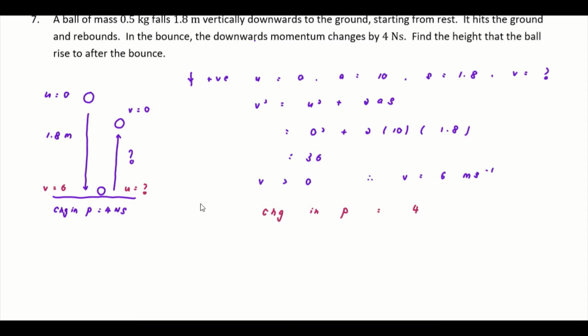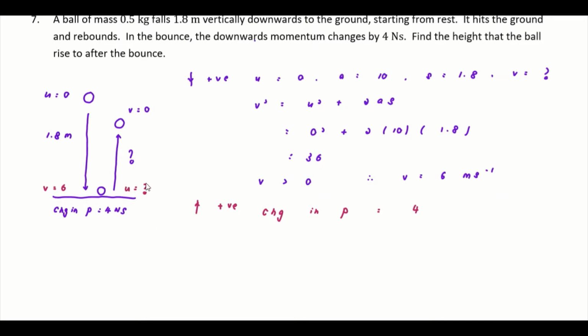You can imagine that they are denoting going up as positive, because only by treating your final direction as the positive direction can you get a positive change in momentum. You can use V and U as long as you are not confused with it.